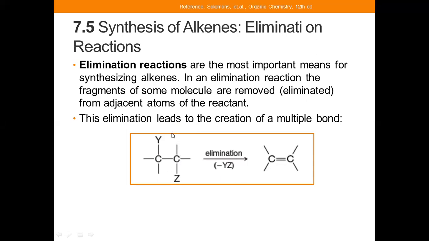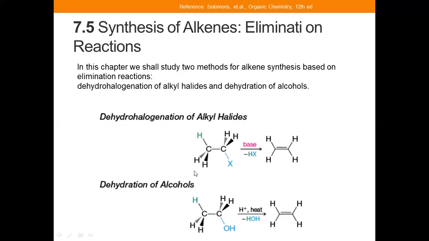The elimination reaction occurs with the alpha and beta, or the two adjacent atoms. There are two usual kinds of elimination reactions for the preparation of alkenes. The first one is the dehydrohalogenation of alkyl halides. The second one is the dehydration of alcohol.